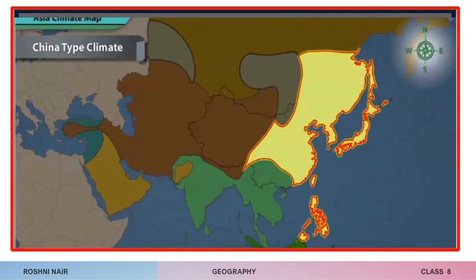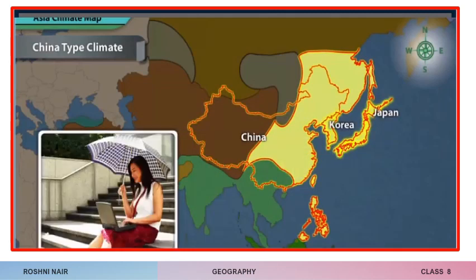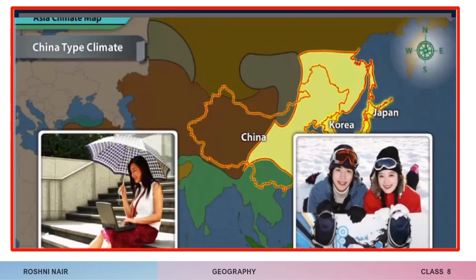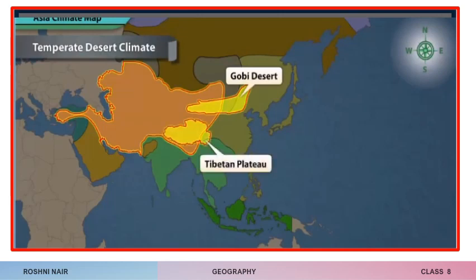Warm temperate East Coast or China type of climate is found in parts of central and eastern China, southern Japan, and Korea. Summers are hot and winters are mild in these regions. Temperate desert type of climate prevails in the Gobi Desert of China and the plateau of Tibet.